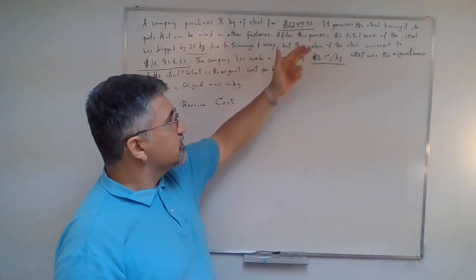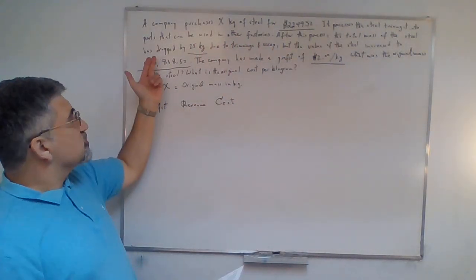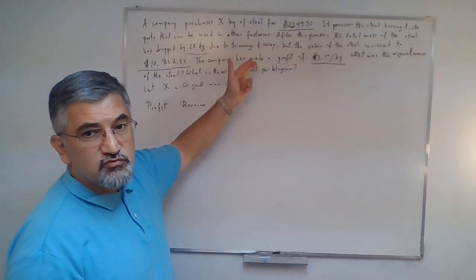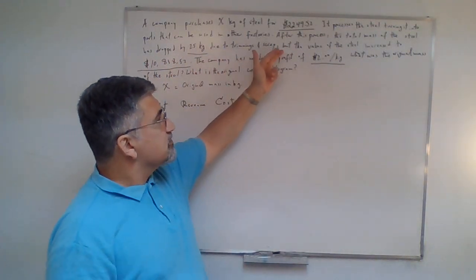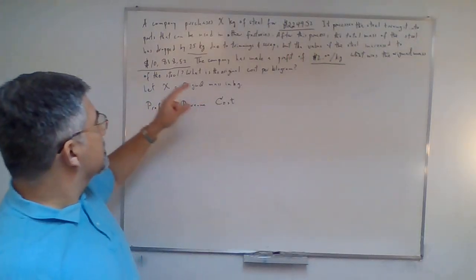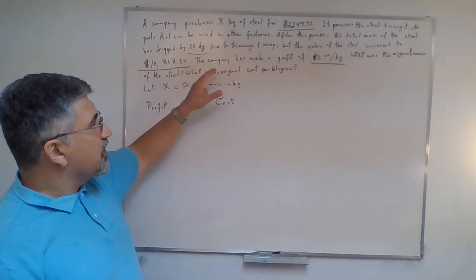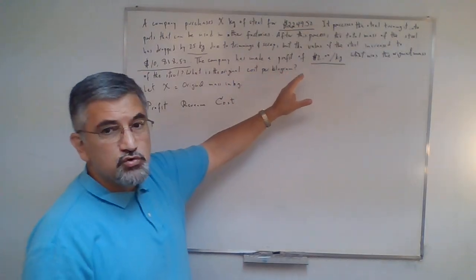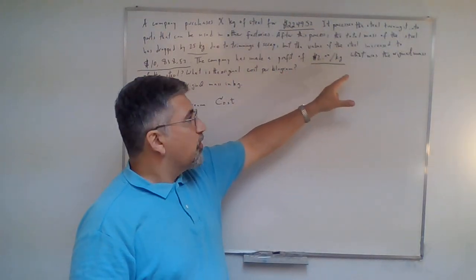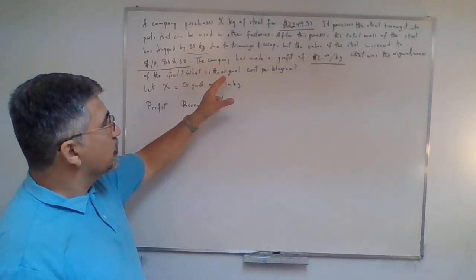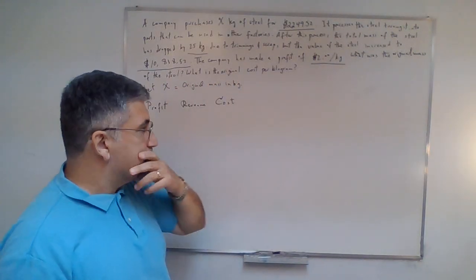After this process, the total mass of the steel has dropped by 25 kilograms due to trimmings and scrap and all that, but the value of the steel increased to $10,838.52. The company has made a profit of $2 per kilogram. What was the original mass of the steel and what is the original cost per kilogram?